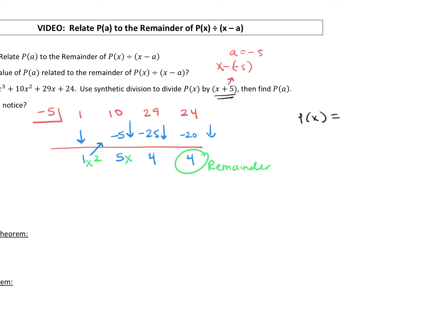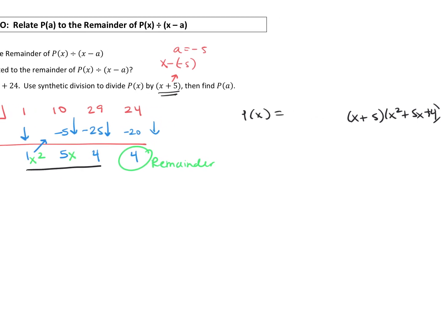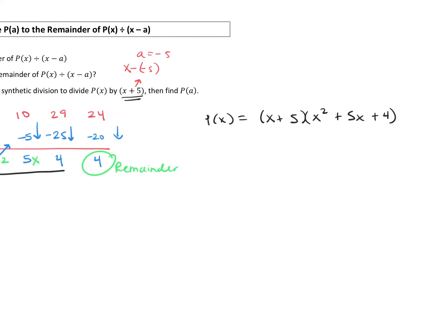So remember we divided by an x plus 5, and we got this x squared plus 5x plus 4. And we have a remainder of 4. So there's that remainder right there.